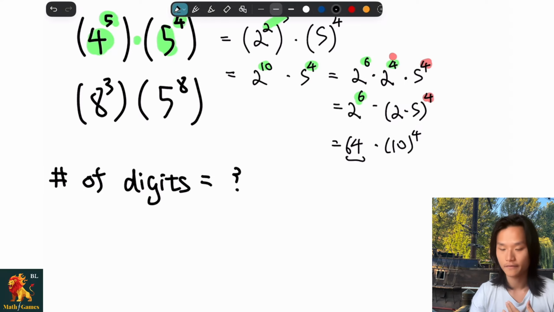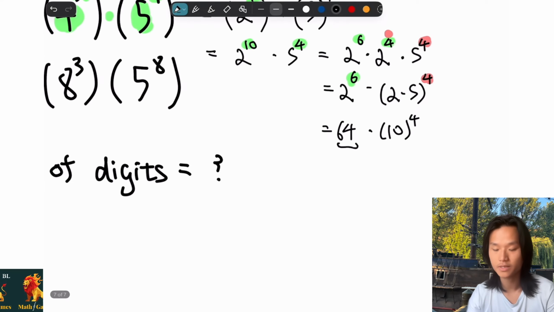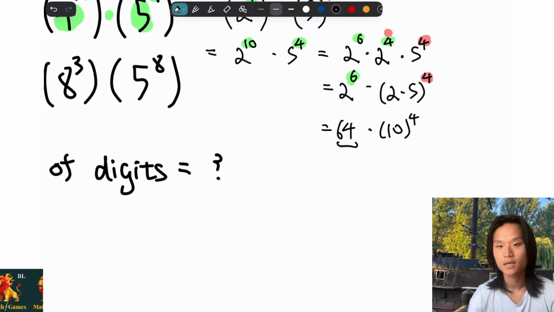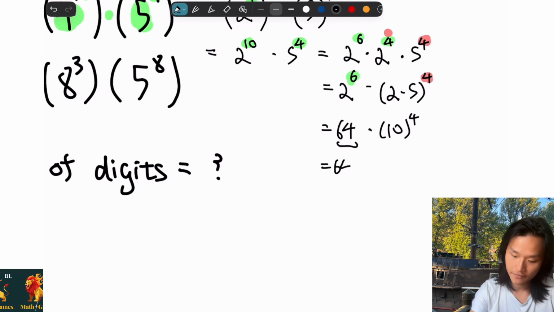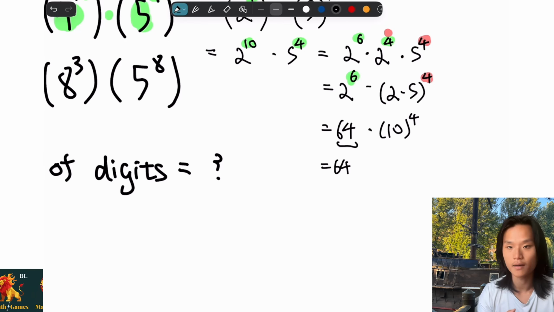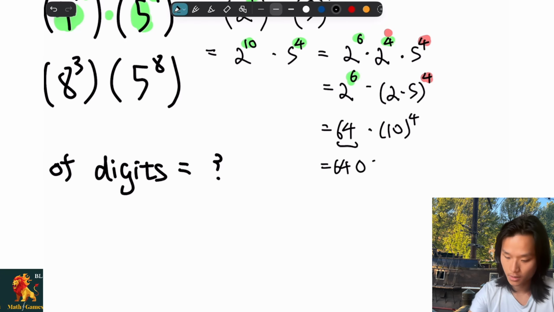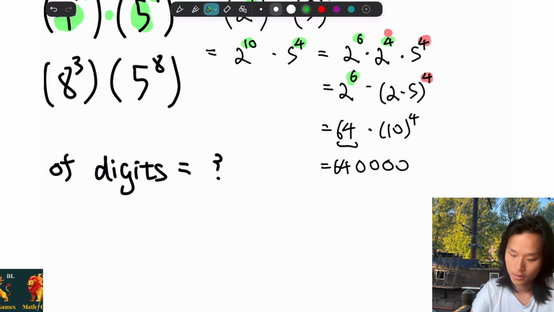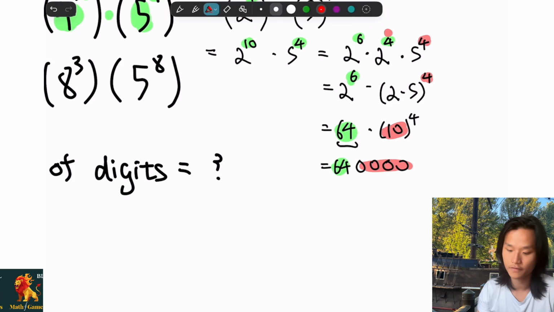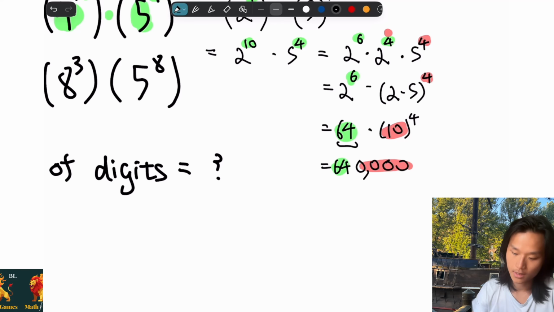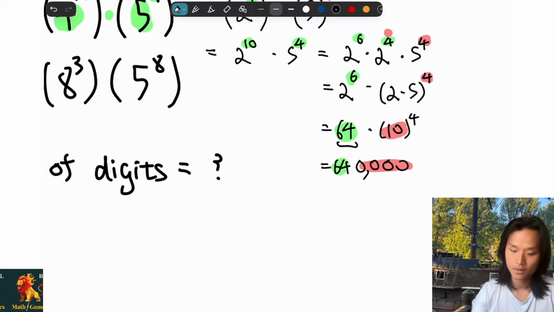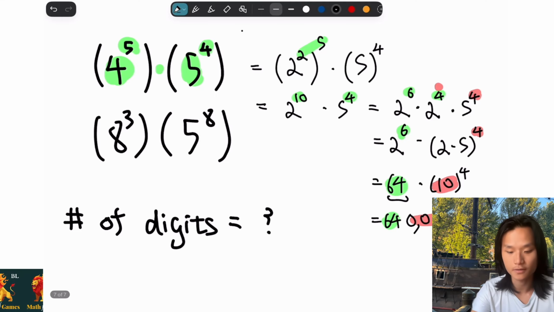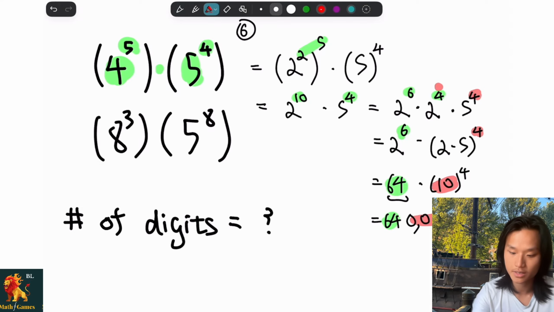So now that we have this expression, 64 multiplied by 10 raised to the power of 4, that is just 64, and then we write 4 more zeros, so 1, 2, 3, 4. So 64, and then 10 raised to the power of 4. Now clearly we can see that there are 6 digits, so that's the answer for our first expression. There are 6 digits.